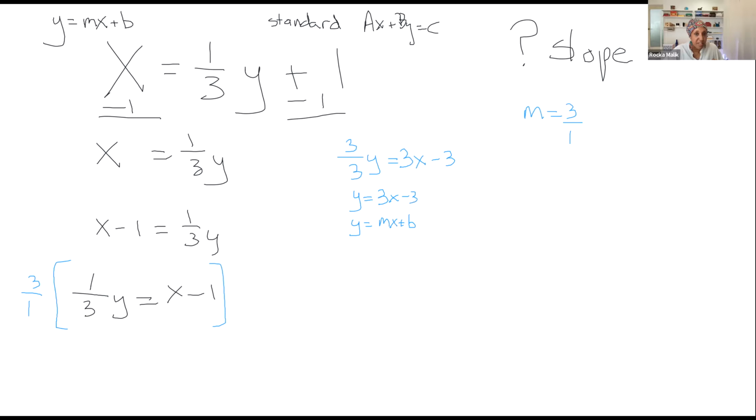One more, give me one more try. This b is my y-intercept. This b stands for just a number. Because there's no b in the formula, it's just a number. So my y-intercept happens when x is 0, and it's gonna happen at -3.